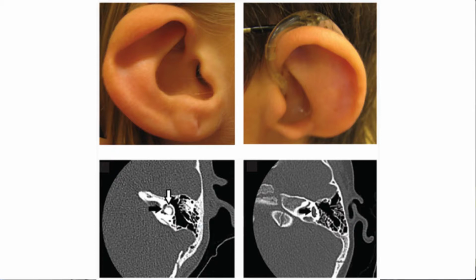That would be the ear canal typically on CT scans. But you'll see that there's a solid wall of bone, albeit thin on a couple of these, that demonstrates an atresia. So in most of our atresia patients, we'll see a failure of the bone to open up where the ear canal should be.